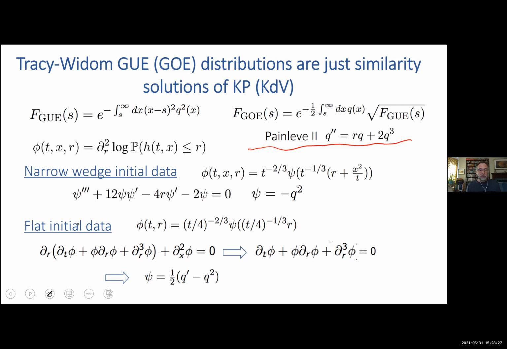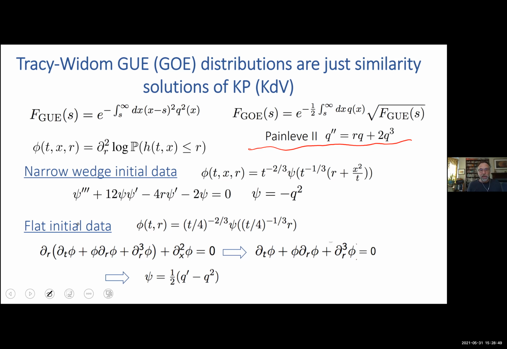And you basically know what the narrow wedge initial data should look like. It should just look like an upside down parabola, x squared over t. So it's an expanding parabola going down, and with fluctuations of size t to the 1/3.